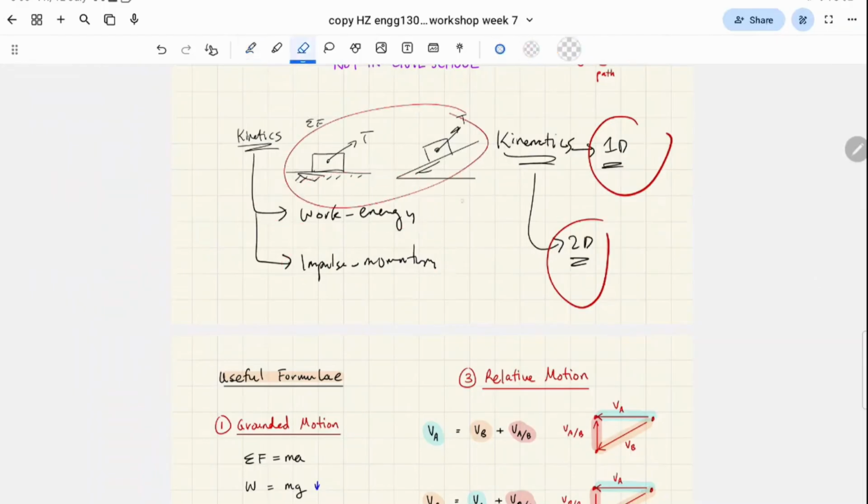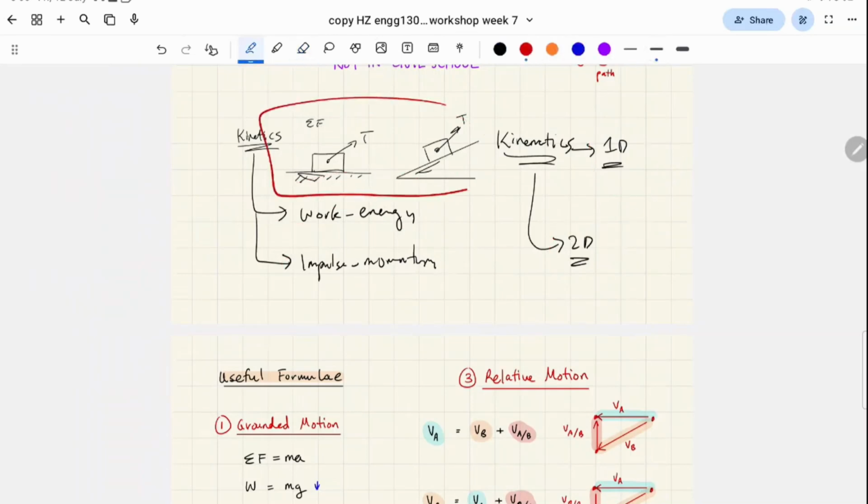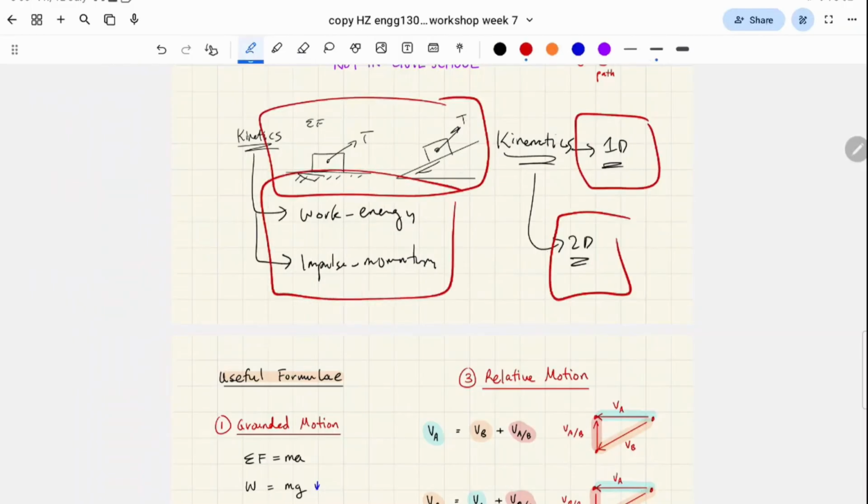But some textbooks, some courses, like to teach this one first, and then you jump back to kinetics and do those work energy methods and impulse momentum methods. Do you know what I mean? That's why I think the words kinetics and kinematics always get mixed up, because the order in which it's taught is usually back and forth. You know what I mean? Anyway.